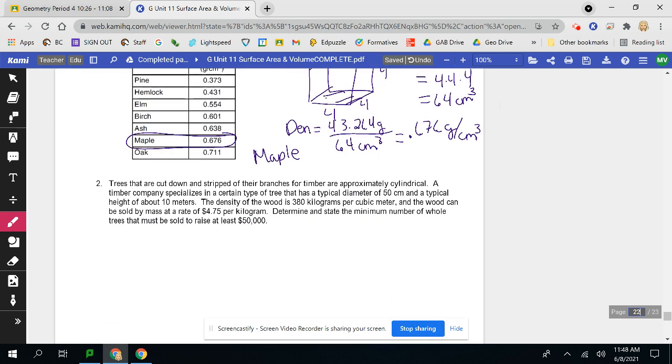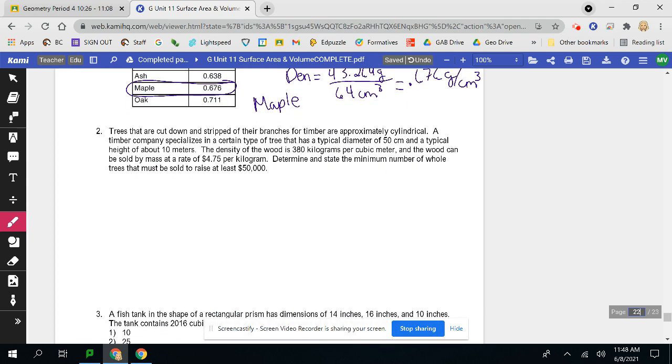Number 2. Trees that are cut down and stripped off of their branches for timber are approximately cylindrical. A timber company specializes in a certain type of tree that has a typical diameter of 50 centimeters and a typical height of 10 meters.